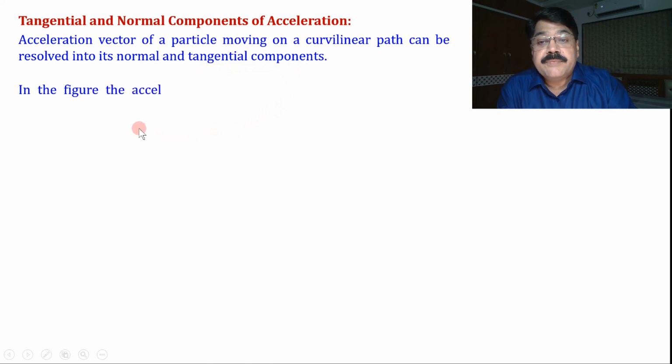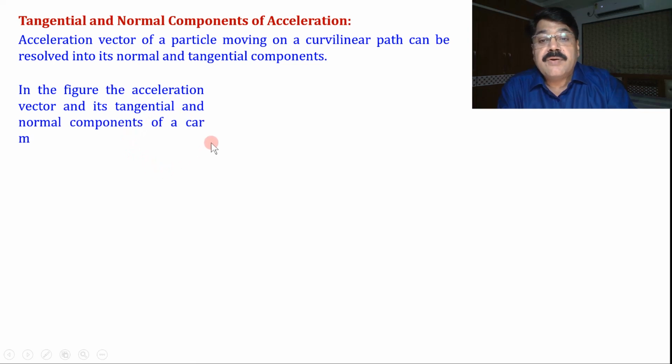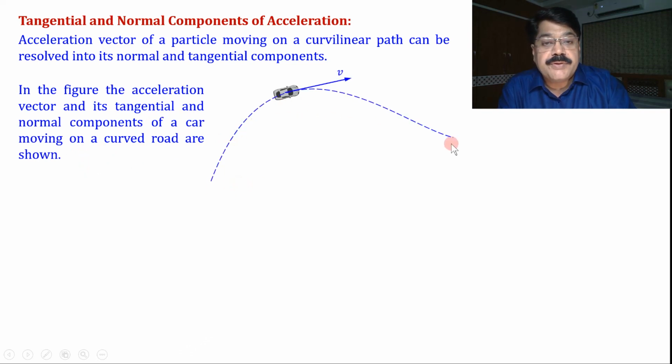In the figure, the acceleration vector and its tangential and normal components for a car moving on a curved road are shown. On a curvy road a car is moving, and here you can see its velocity vector. Its acceleration vector is in some direction, and it has two components.